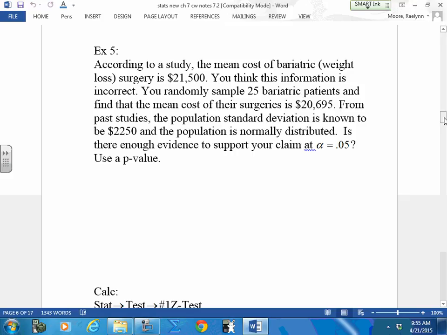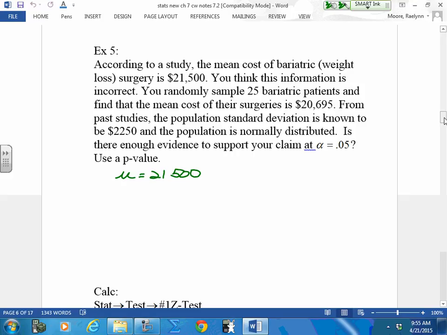If I use the word support, is my claim going to be H0 or HA? HA. So, let's find the claim. The mean cost of the surgery is what? The information they give us: the mean cost of your surgery, $21,500.